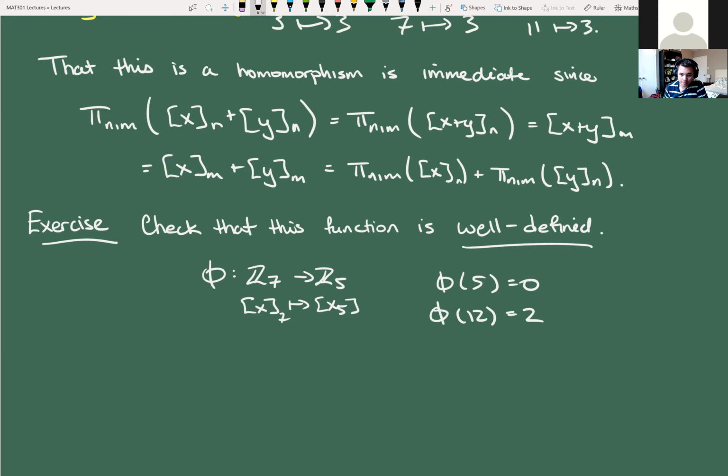Do you all agree? Because I'm just going to take whatever number you've given me and reduce it mod 5. So the image of 5 is 0, and the image of 12 is 2. But the problem is that 5 and 12 are the same number in Z7, right?